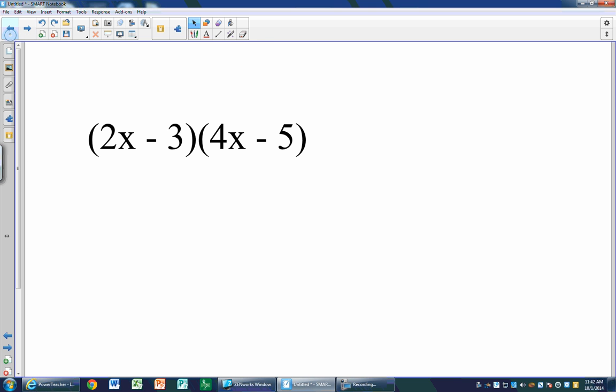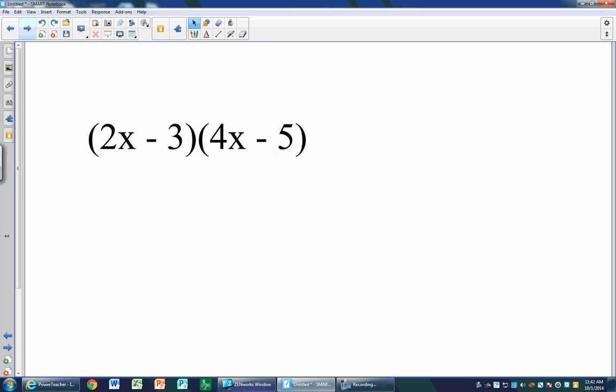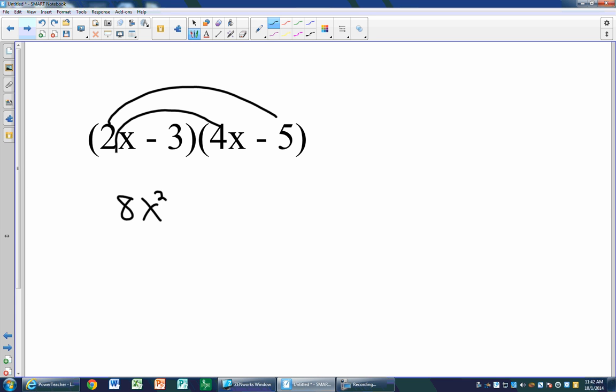Now this is the same problem. Let's use a third method. This one, as you become more efficient with it, you might be able to go to this method. What we have is 2x times 4x is 8x squared. And then we have 2x times negative 5.